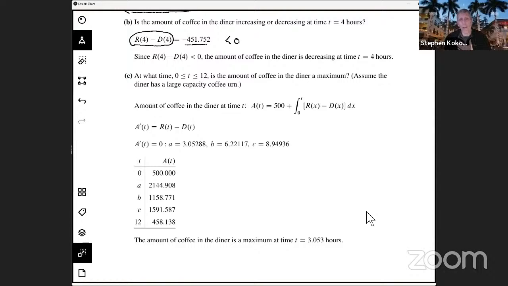So I think about a function, first of all, that represents the total amount of coffee in the diner at time t. So that, in this case, would be 500, the initial amount, plus the definite integral from 0 to t of the difference, rate in minus rate out.